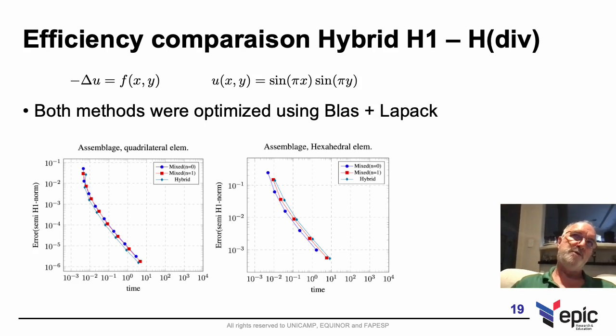The hybridized H1 had to, in order to have a stable approximation of linear fluxes, go to cubic approximation in the interior, and so that is expensive. And so that's what makes it so that for both 2D and 3D approximations, the hybridized H1 and HDiv are totally equivalent.